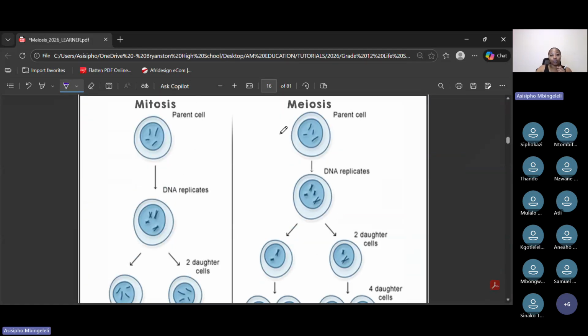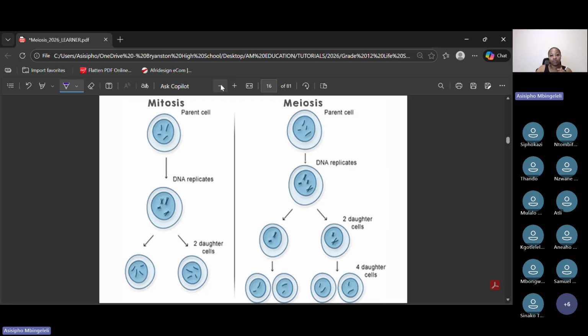Let's look at both of them. Let me try and zoom in. Mitosis: this is a parent cell which will undergo DNA replication. Now, these diagrams are very important. You need to be able to see exactly what is happening by just looking at the diagrams. In this parent cell that is undergoing mitosis, how many chromosomes can we see there? There are 4 chromosomes. How many chromosomes can we see here?